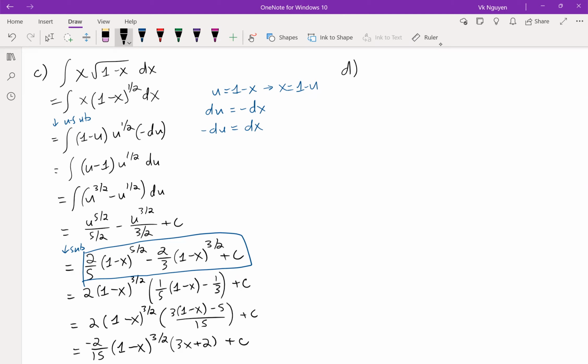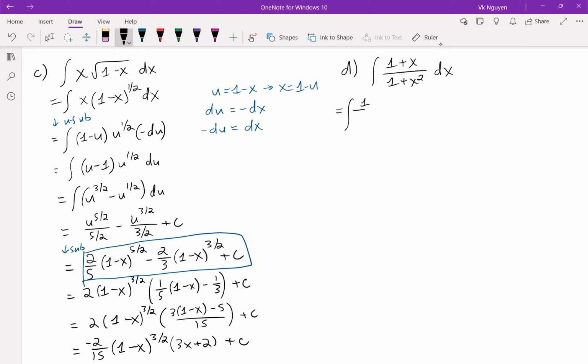D. Integral (1 plus x) over (1 plus x squared) dx. Now if you see something like this and you try to use u-sub, it doesn't work. The strategy is to split this into two different integrals.